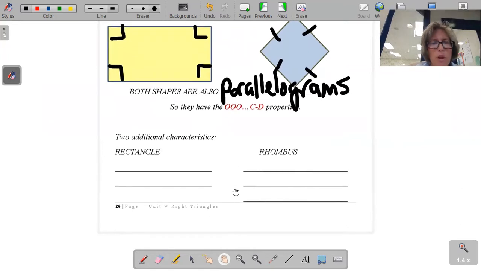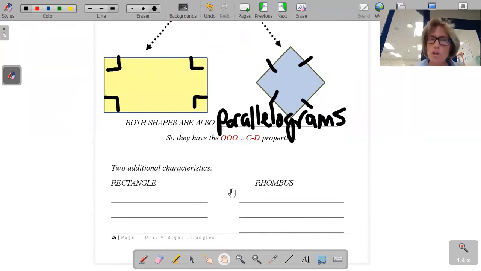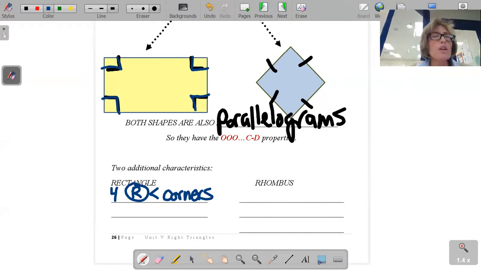We're not going to repeat those. But in addition, they have 2 additional characteristics each. In a rectangle, what makes a rectangle unique is you have 4 right angle corners. That's kind of the definition of a rectangle.